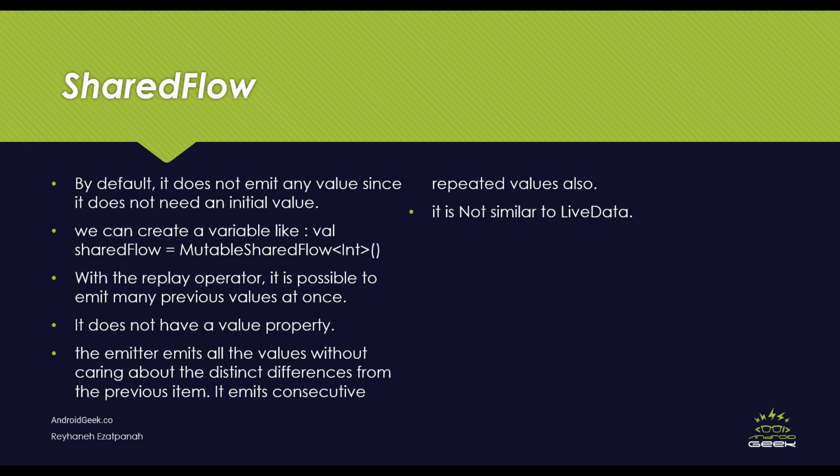And also with the replay operator, it's possible to emit many previous values at once. It does not have a value property, but we have it in the StateFlow. The emitter emits all the values without caring about distinct differences from the previous item. It emits all the items. It emits repeated values also.